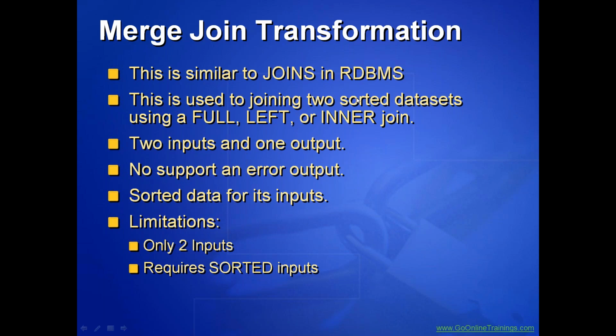This is used to join two sorted data sets using full, left and inner joins: two inputs and one output, and no support for another output. It requires sorted data for its input. The limitation is that only two tables or two data sets can be joined.